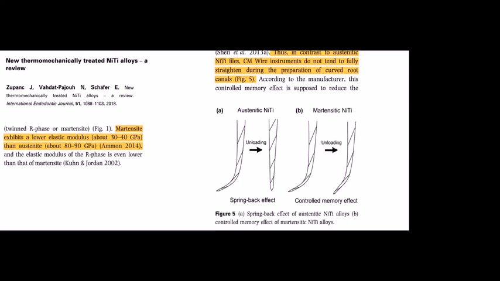The files made of this 90 have another advantage: in theory, the apical transportation should be lower. Why? Because at body temperature, these files don't have shape memory. What does it mean? This file doesn't have the tendency to recover its original shape.